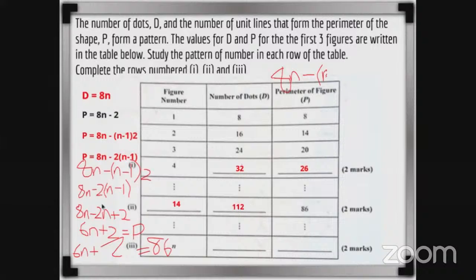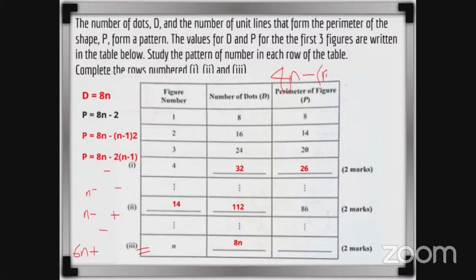Now for the last, let's clean up this board. So for the last one, what is the nth term? If we were to write it in terms of n, we would have 8n. Everyone agree that to find the number of dots, we'd multiply 8 by n? Yes, miss.